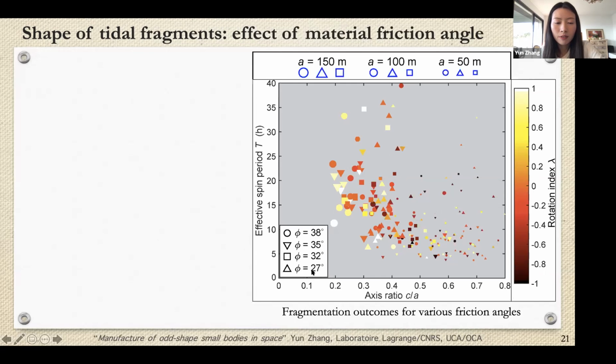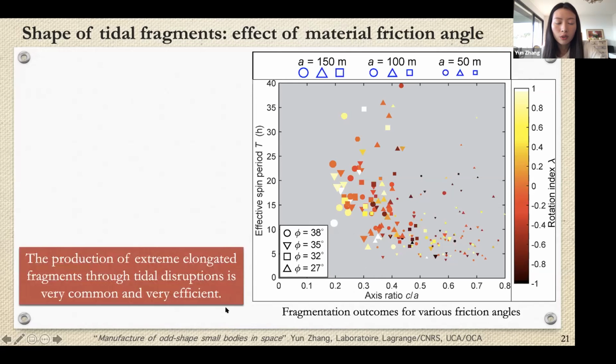We can compare with the result with different friction angles. We can see that a higher friction angle can generally produce more elongated fragments. And fragments with axis ratio smaller than 0.3 can be produced even with a material friction angle as low as 27. So this implies that the production of extremely elongated fragments through the tidal disruption process is very common and efficient.